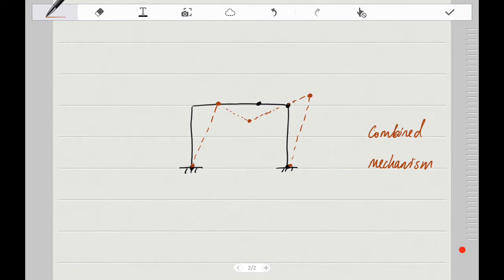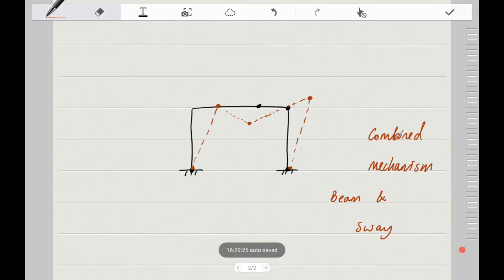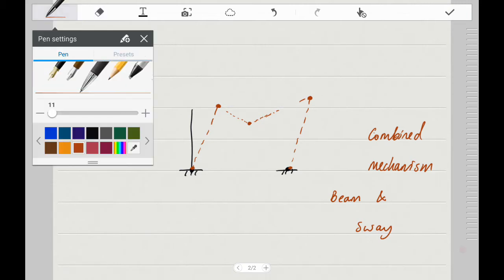So that is a combined beam and sway mechanism. Generally, what you could do as a drawing here is just show the new positions of the hinges.